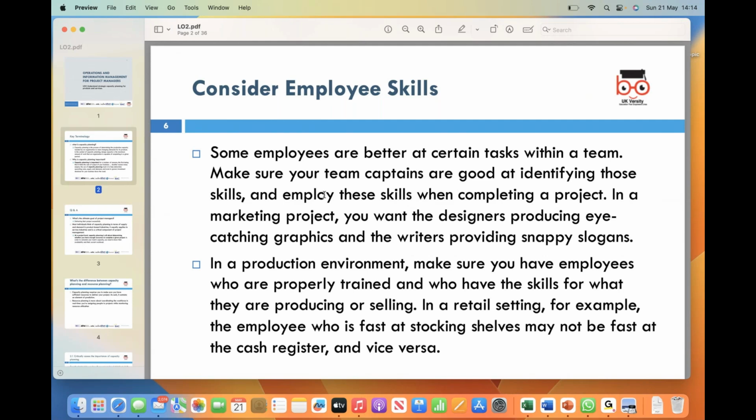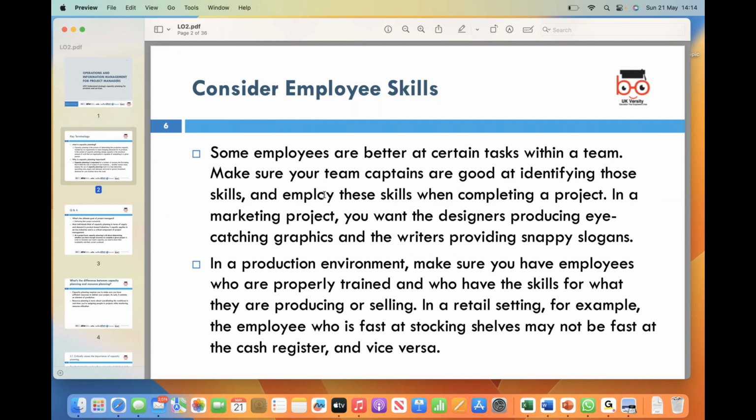So, for example, in a marketing project in this scenario, it is essential to capitalize on the diverse skills within the team. Designers who possess a keen eye for aesthetics should focus on creating eye-catching graphics, so that they will captivate the audience.